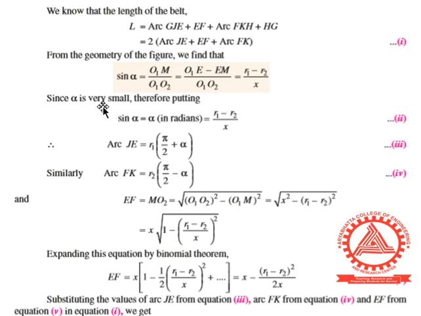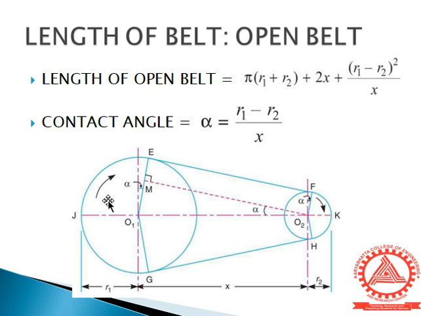So we can make this type of equation, and we can find that sine alpha will be (R1 minus R2) upon X. In this case alpha is very small, and we know from the limit system that if alpha is very small, then sine alpha equals alpha in radians. We can also consider that arc JE equals R into angle, and here the angle is 90 plus alpha.